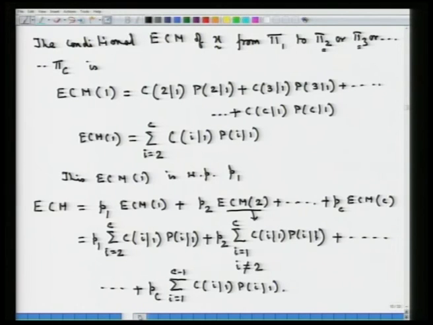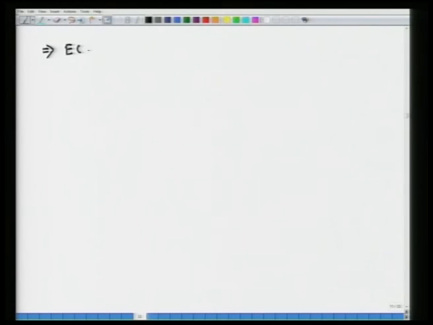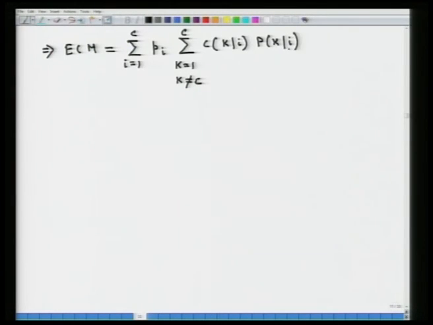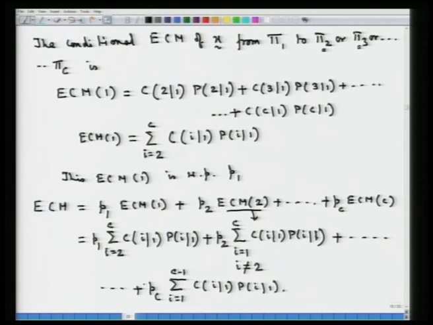So we can write this ECM under the present multi-class situation in the following compact form: ECM is equal to the summation i equal to 1 to c of Pi times the summation k equal to 1 to c, where k is not equal to i, of C(k|i) into P(k|i). That is basically the term that we have out here.